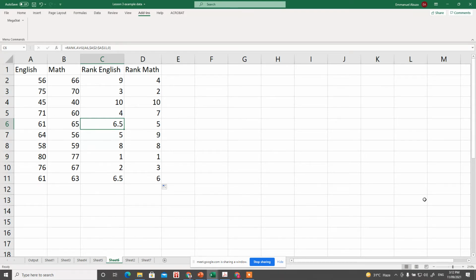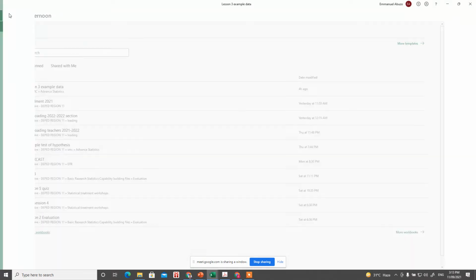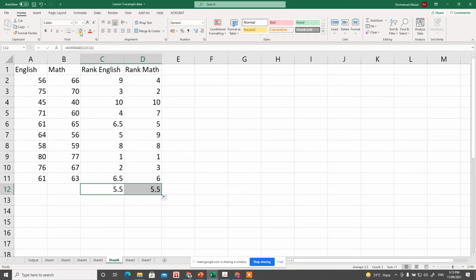In the formula, the summation of x minus x in its mean. So in other words, we're going to get the mean of these ranks. The average of the ranks is 5.5, and the other average is still 5.5. Let's put some colors so we don't get confused. Next, we are going to subtract the mean from the rank.